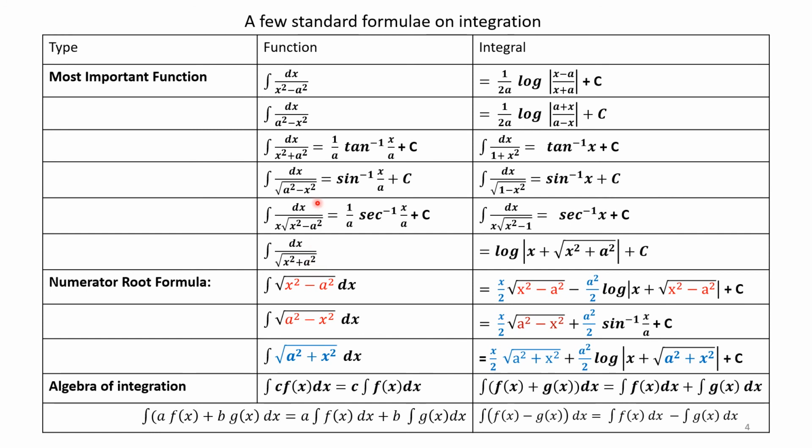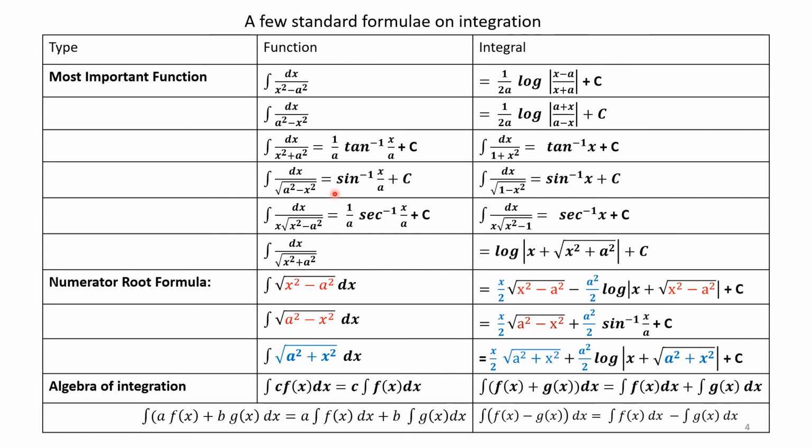Integral of dx by under root a square minus x square is sine inverse of x by a. This you remember. So when a square minus x square is there, it is sine inverse of x by a plus c.